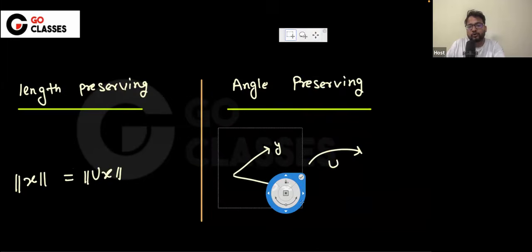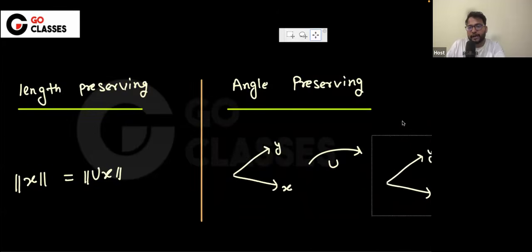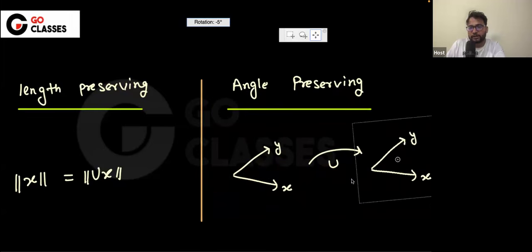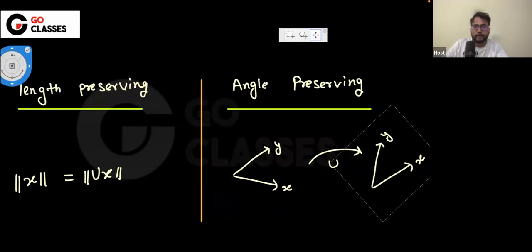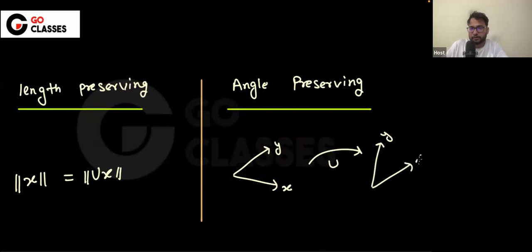And y will also be rotated, but they are saying the angle will also not change. So if you have this as x and y, and then you multiply by u, they may be rotated, but if this angle is theta, then after multiplication you get ux and uy, right? Then this angle is also theta. That's called angle preserving.